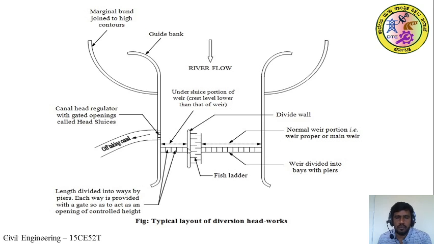And this divide wall is extended from the axis to the face of the canal head regulator on the upstream side. On the downstream side, it is extended up to the launching apron of the weir.